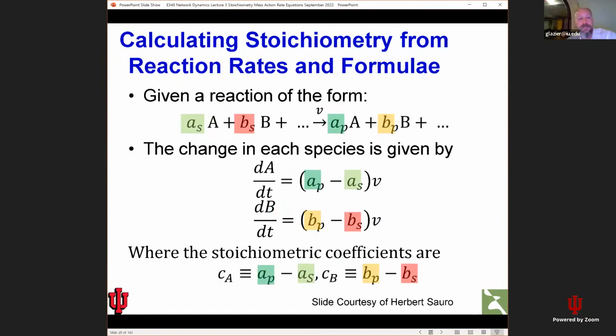So again, if I have a reaction of form A_S goes to A_P for A, this change in each species, dA by dt, is A_P minus A_S times the V. And so this way I can use the same V for the arrow unambiguously.